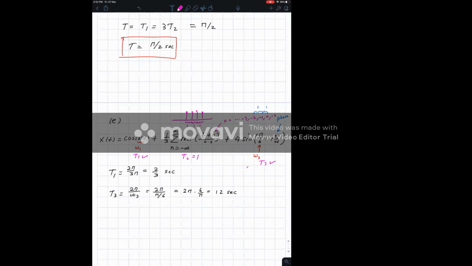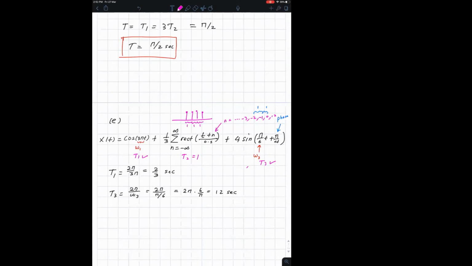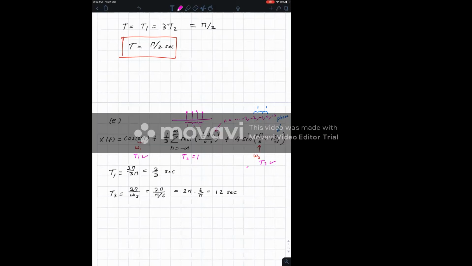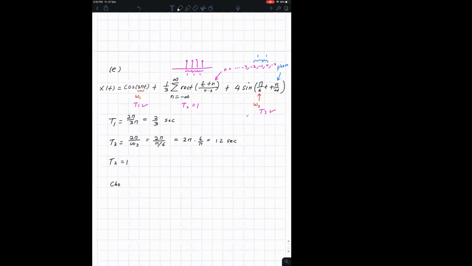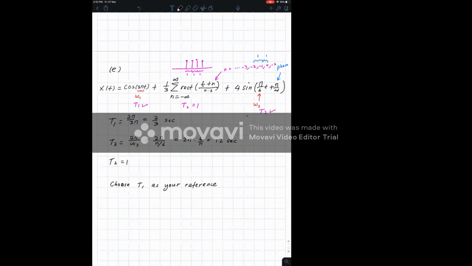Now we do the same thing as we did before. We can choose any one of them as our reference period and compare the others. So if I choose T1 as your reference, that means I'm going to compare one by one.